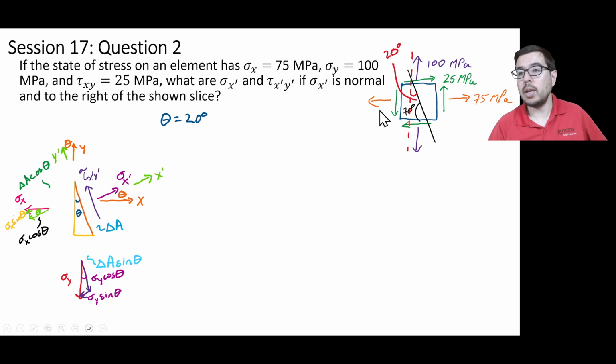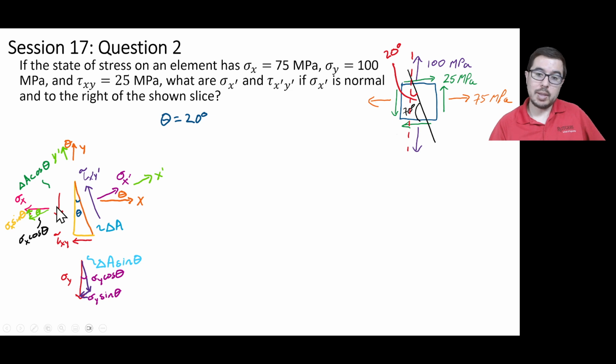Well, first we recognize that the tau xy on the left and the bottom face are pointing to the bottom left. So when we draw the tau xy on this triangle that we've been working with, we're going to put them in the same directions as the green arrows here on the original diagram.